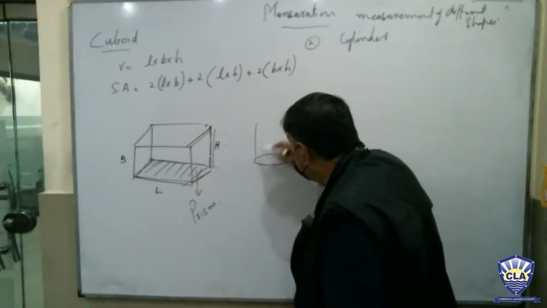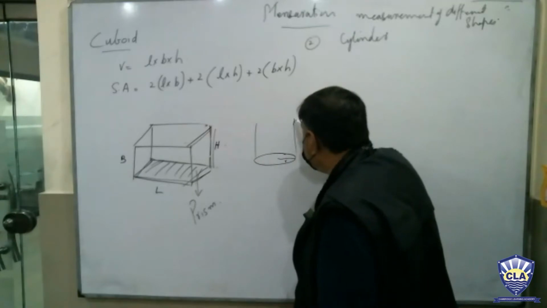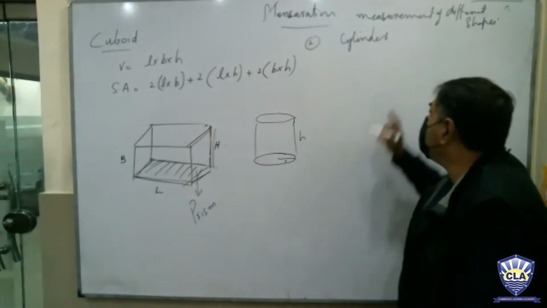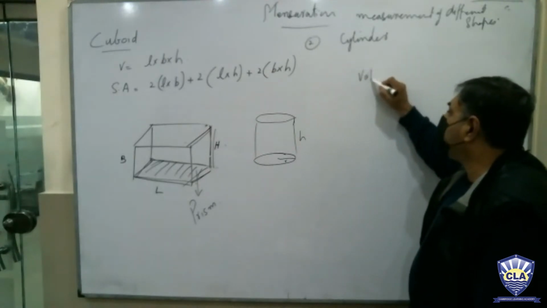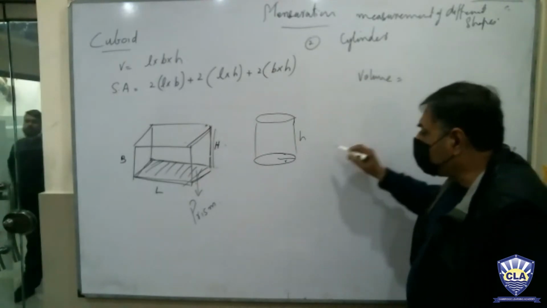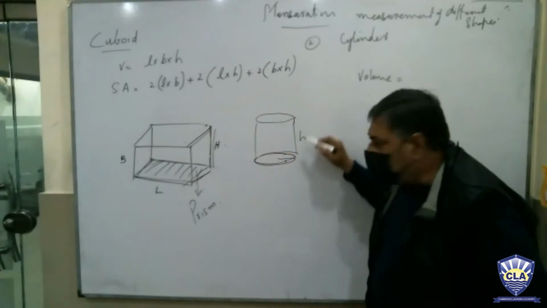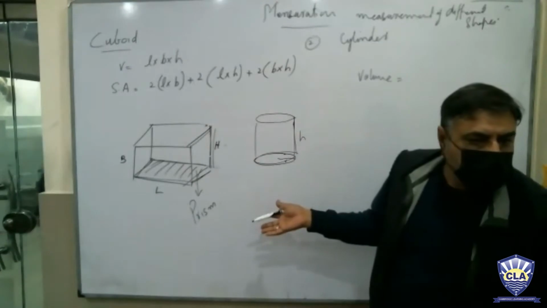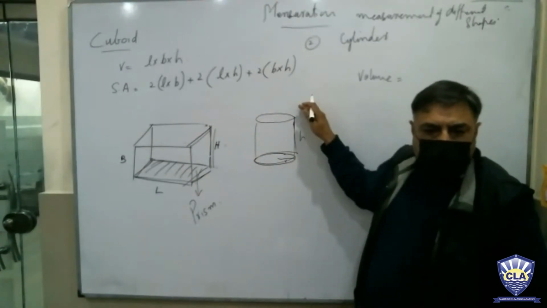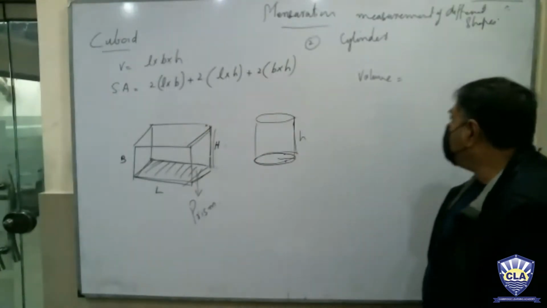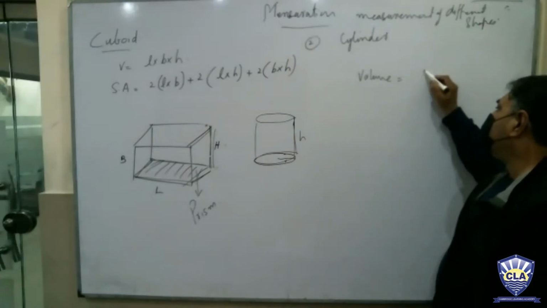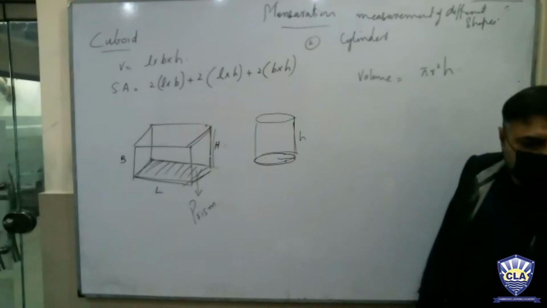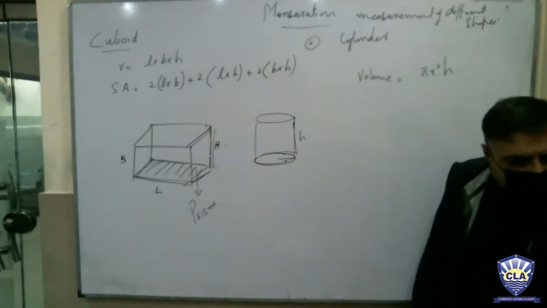Pi r square into height is the volume. Volume equals base area into height, because it is also a prism from bottom to top having the same shape. So volume of cylinder is pi r square h, where h is the vertical height.